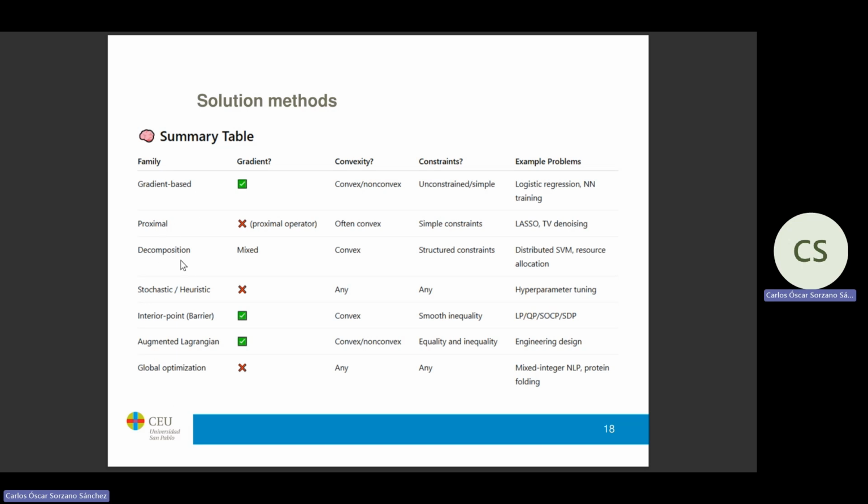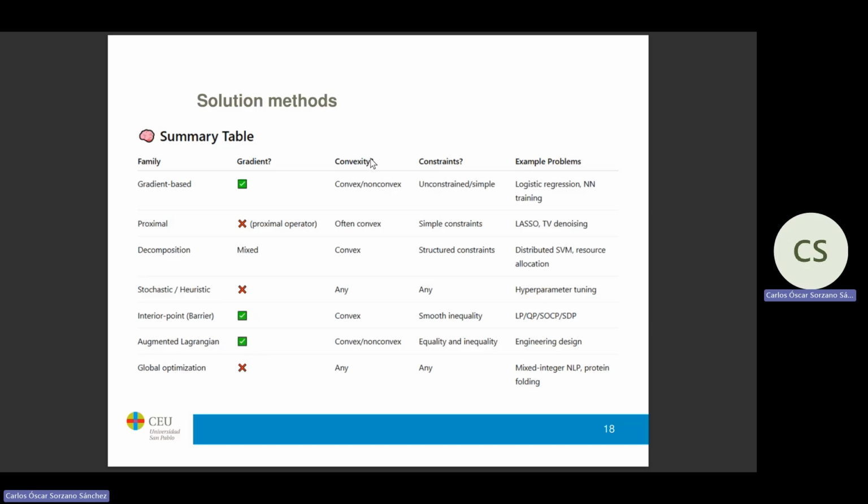For the moment, you don't know what they are, but you start to see their properties. Do they need a gradient? Gradient-based methods obviously need a gradient, but proximal methods don't need a gradient.